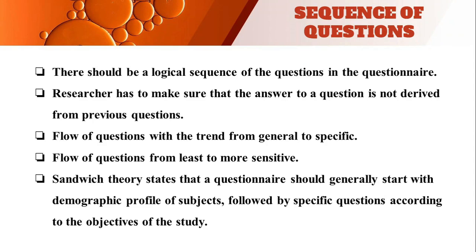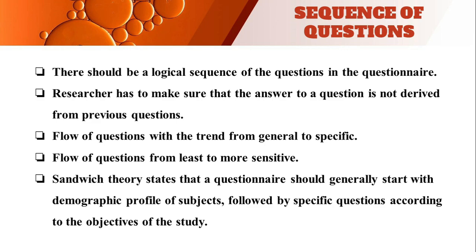Next, what you want to know about the sequence of questions. When you arrange the questions, you should arrange them in a logical sequence. The researcher always makes sure that the answer to a question is not derived from the previous questions. Flow of questions should be from general to specific.